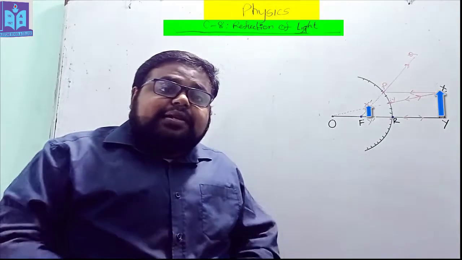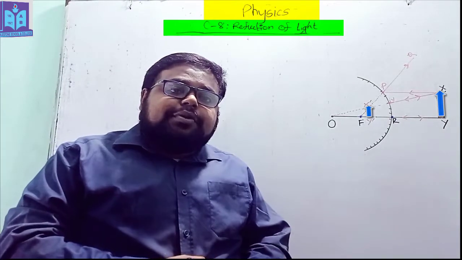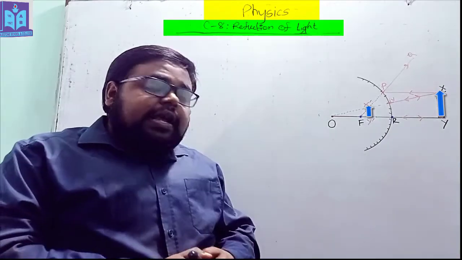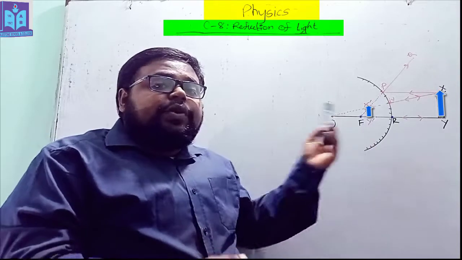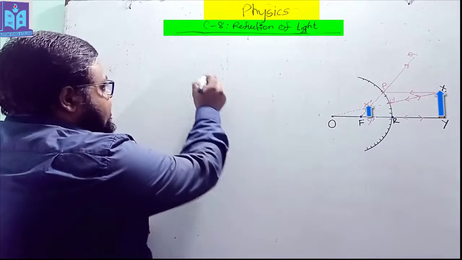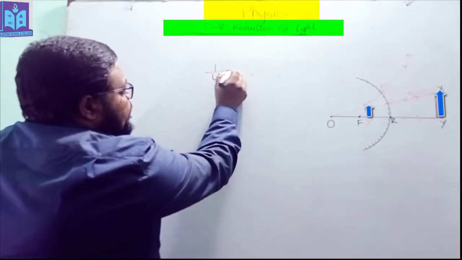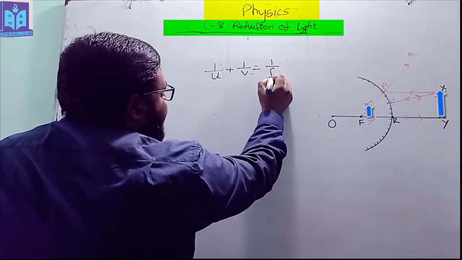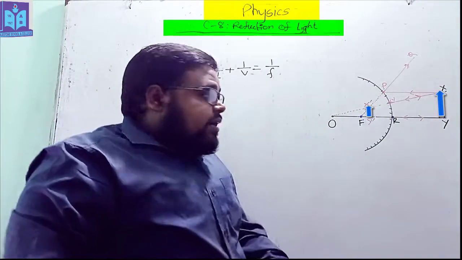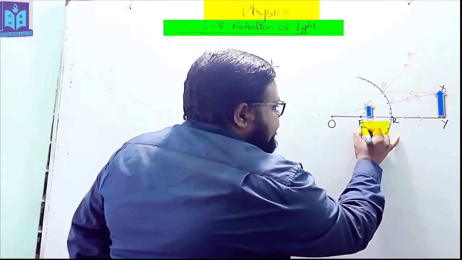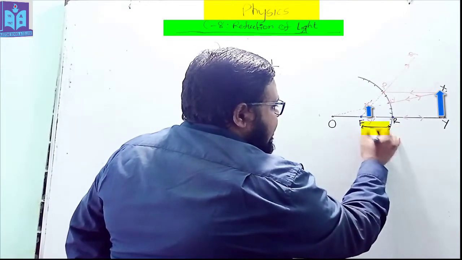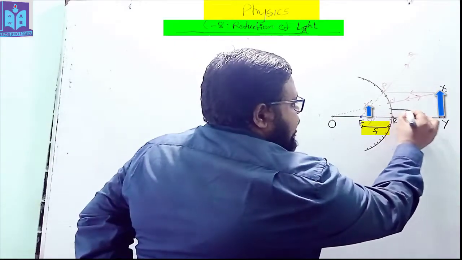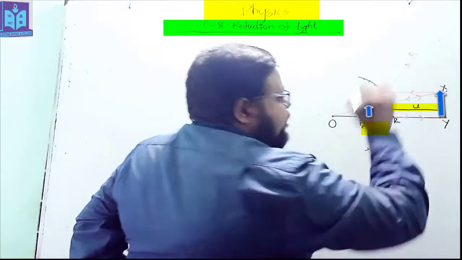My dear student, now I will show you an equation. By using that equation, we can easily find out at which place the image will be created. Here you can see that 1 by U plus 1 by V equals 1 by F, where F is the focal length and U is the distance of the object.